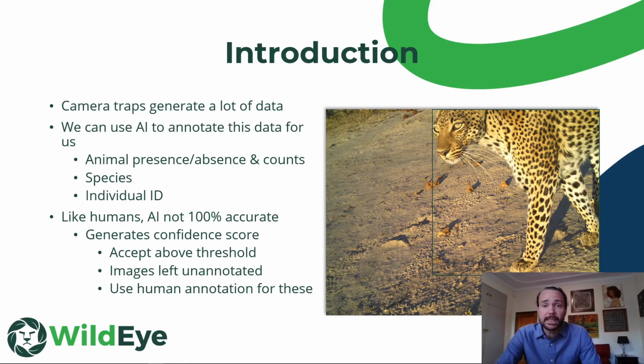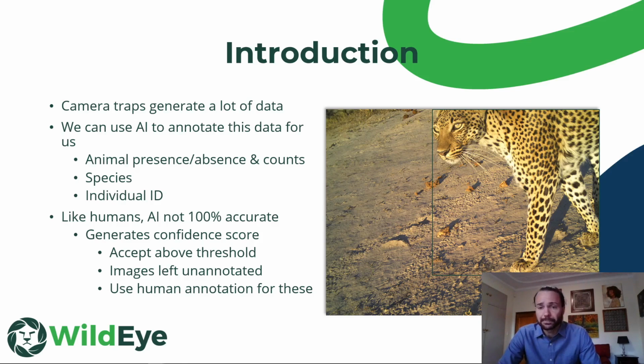What's great about Mega Detector is that it's been trained on an international data set and in a variety of environments, so it should work quite reliably across any biome. The second AI in this process is the species identification, the species classifier.